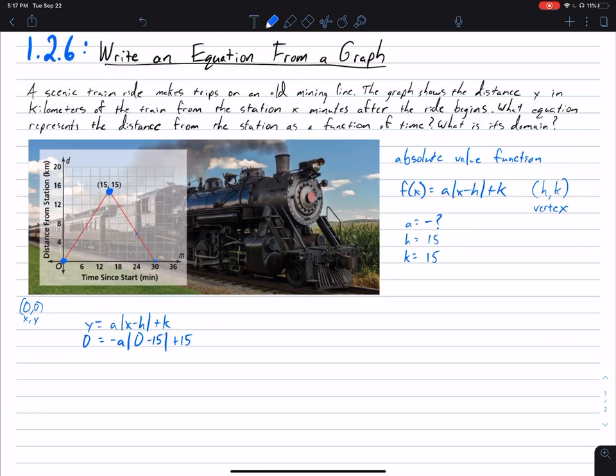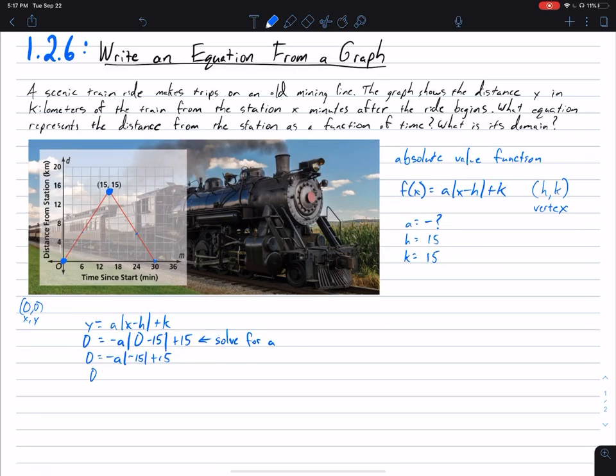Now I have an equation that only has one variable. So in this form, I can now solve for a, and that's going to tell me what my a value is. So we'll simplify this. We get 0 equals negative a times |0 - 15|, which would be negative 15, plus 15.